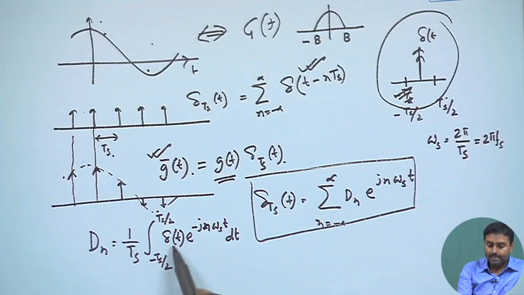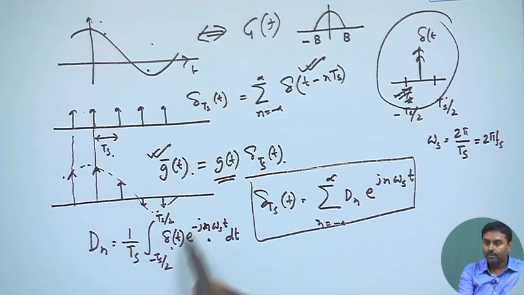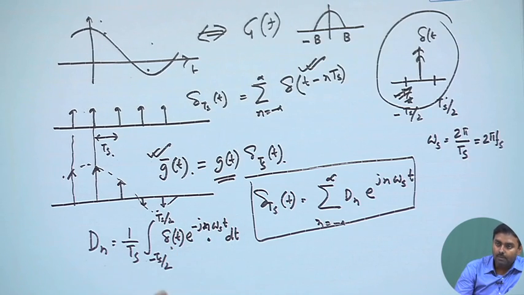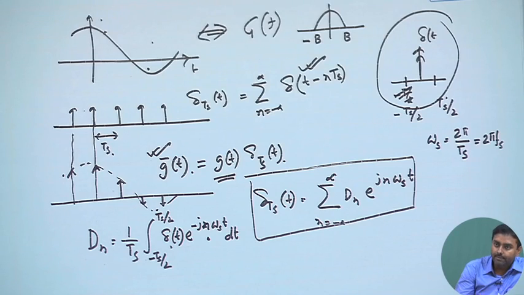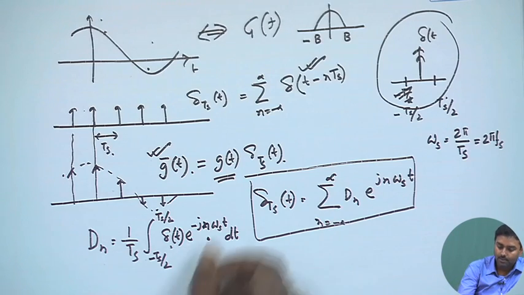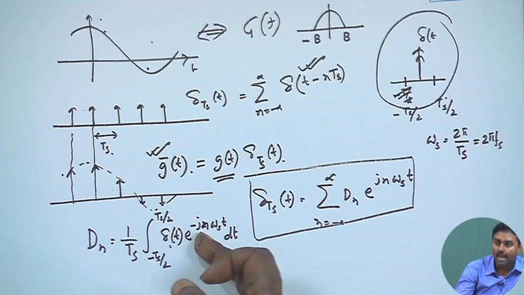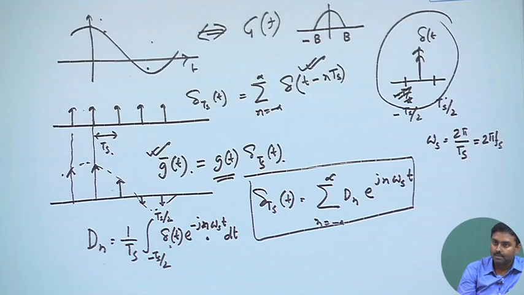What is this? It is delta t multiplied by this, that must be at t equal to 0, whatever value of this is there. So, that is 1. So, 1, now you integrate this. Okay. So, basically what will happen, we have also seen the property of delta t, if it is integrated from minus infinity to plus infinity with a function, it will just give me as output the value at 0, whatever it is, right.